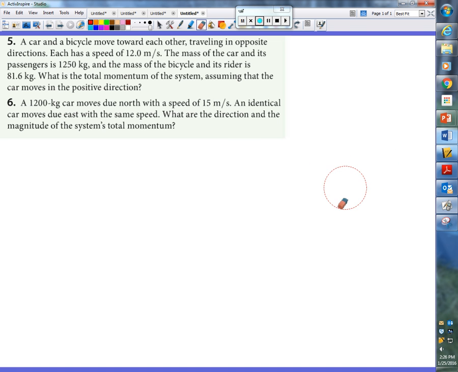So, as we should remember from, I believe it was chapter 4, two-dimensional problems have to be set up differently. So in 6, a 1,200 kilogram car moves due north with a speed of 15 meters per second. An identical car, meaning the same mass, moves east with the same speed. What are the direction and magnitude of the system's total momentum?